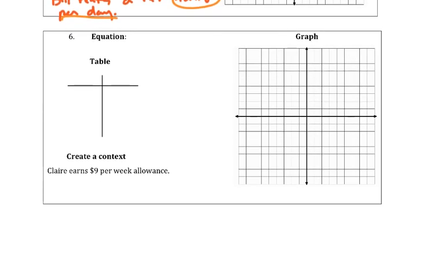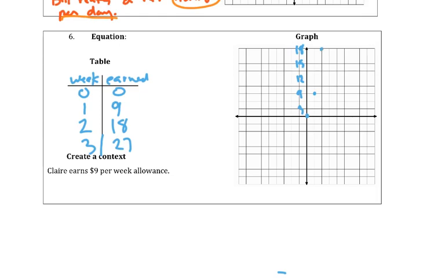All right, number 6. Claire earns $9 per week allowance. So we would have week and total earned. At 0 weeks, she hadn't earned anything. At 1 week, she would earn 9. 2 weeks, she would now have 18. At 3 weeks, she would have 27, and so on. Count by 3s on this graph. So graphing this, 0, 0, 1, 9, 2, 18.